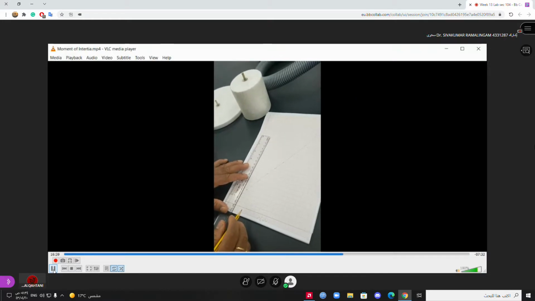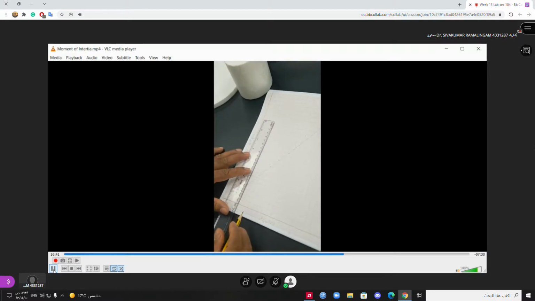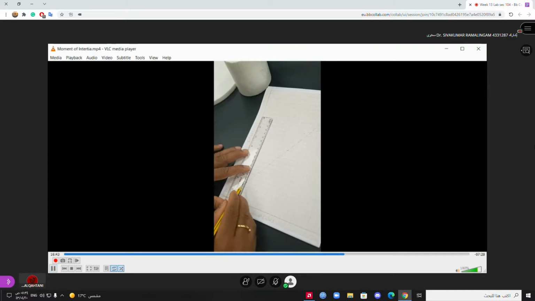Now, select two points, measure and calculate the delta x and delta y for the slope.